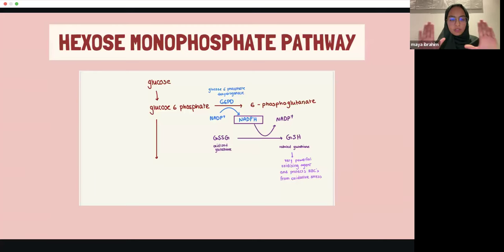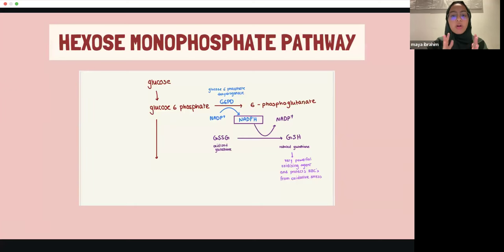That was a lot at once, so let's rephrase it again. Glucose 6-phosphate is converted to 6-phosphoglutamate through the action of which enzyme? G6PD, which converts NADP plus to NADPH. This NADPH is used to convert oxidized glutathione to reduced glutathione. So basically, we're producing all of this NADPH to convert the oxidized glutathione to reduced glutathione so that we can protect RBCs from oxidative stress.